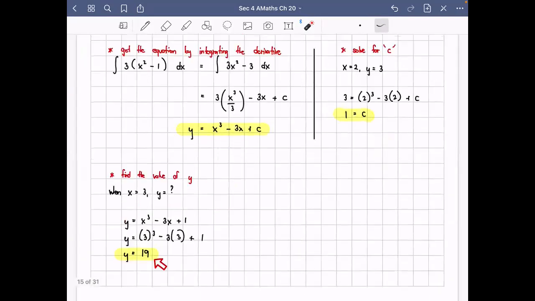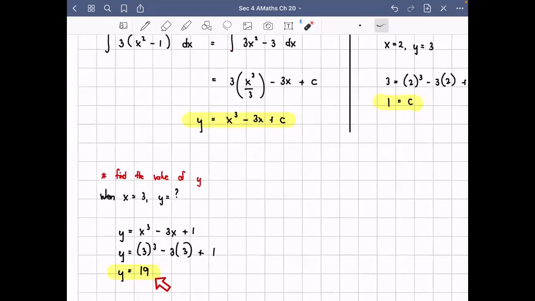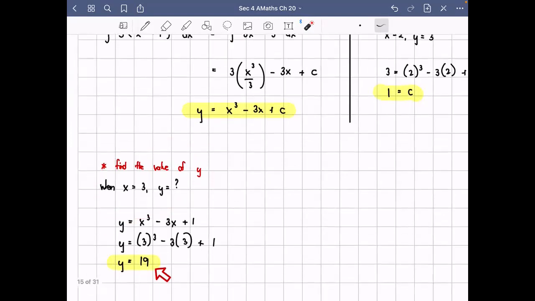So then we can now find the value of y. Since the question is what is the value of y when x is 3, using the given equation, this time with plus 1, plugging in 3 here, y is equal to 19. So that's your final answer here.